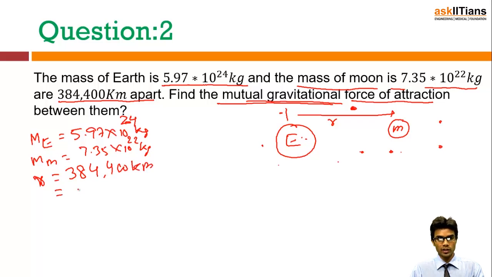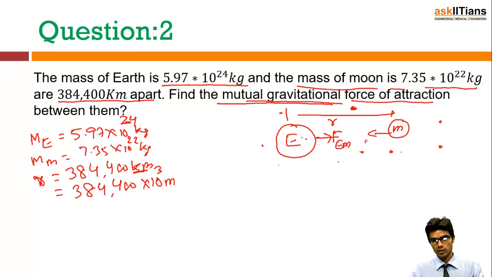We will have to convert it into 384,400 into 10 to the power 3. We can't calculate in kilometer, we have to convert it into SI units, so meter. Now we have to find the force between these two bodies. This is the force of attraction between earth and moon.